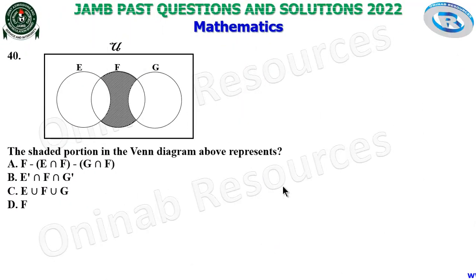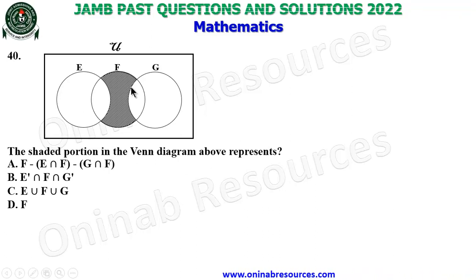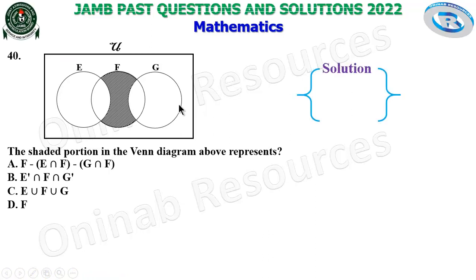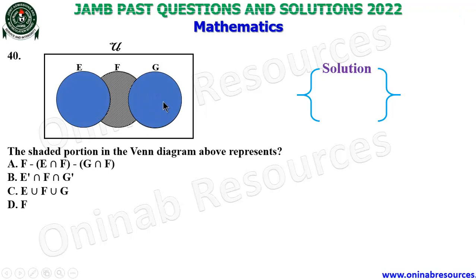Problem 40, we have a Venn diagram. The shaded portion in the Venn diagram above represents, so we need to identify what the shaded portion represents. If you look at this, the whole of set E and G has no elements there. So if you cover it, it means E complement.